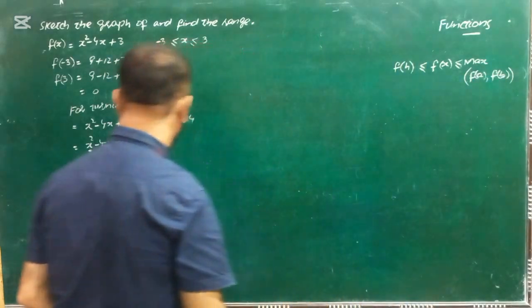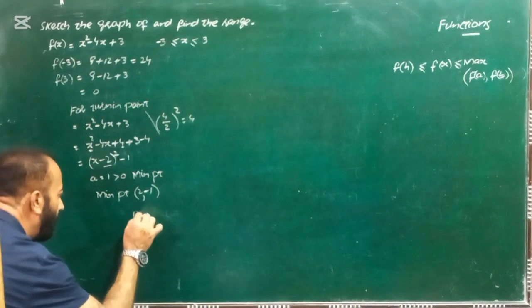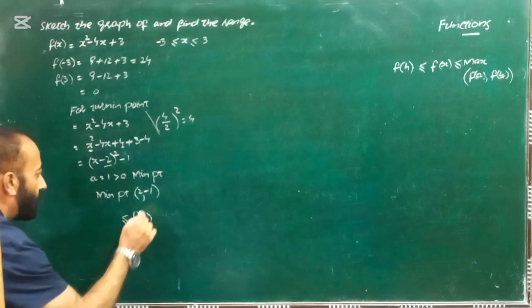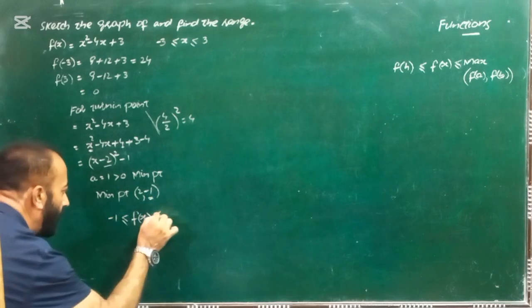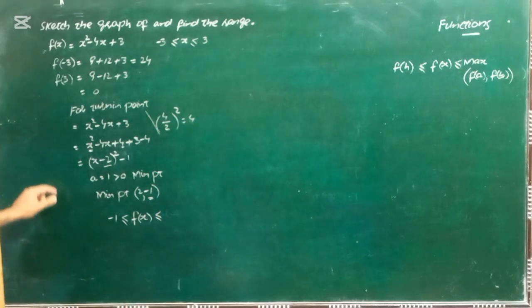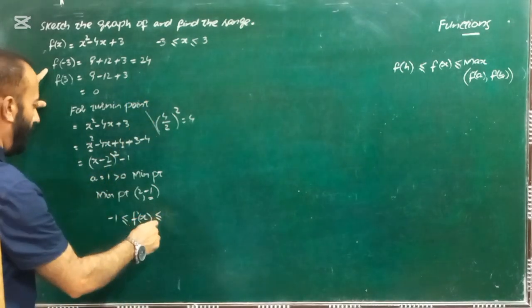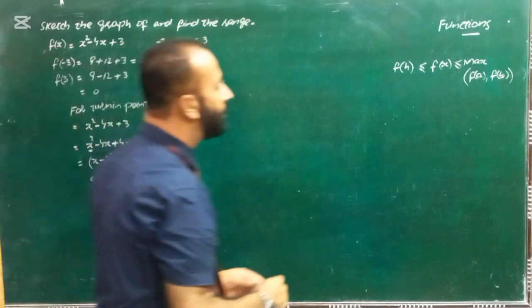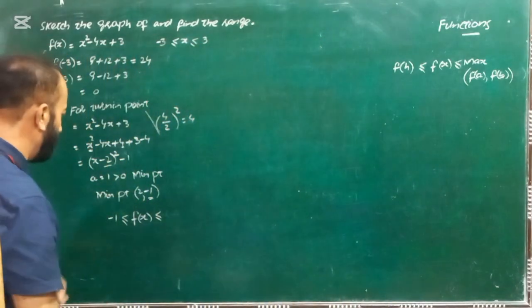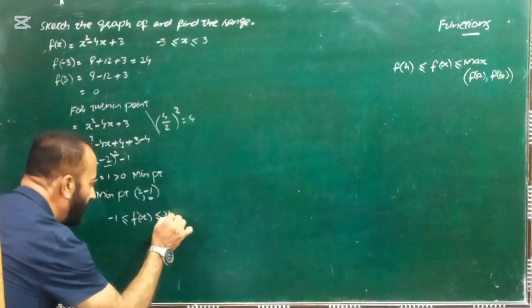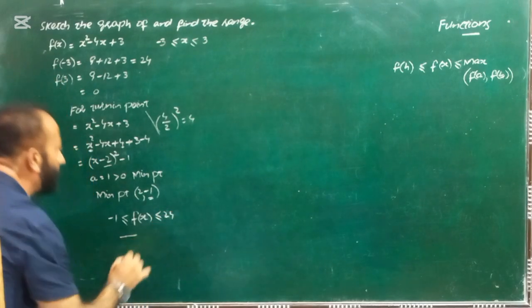So from here you can see the range will be greater than or equal to minus 1 and lesser than or equal to the maximum, which is 24. So this is the range of this function.